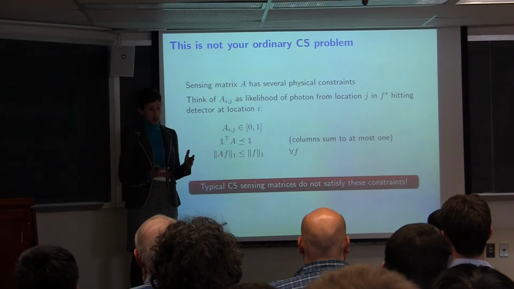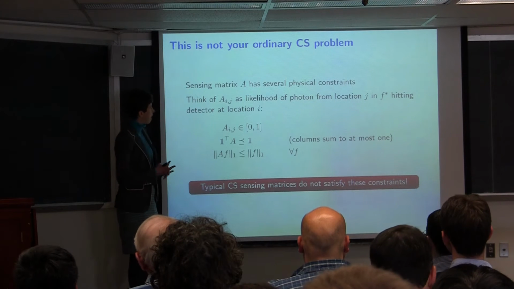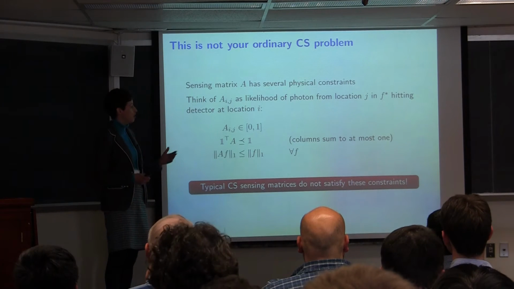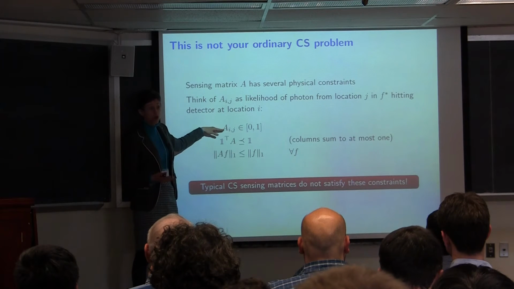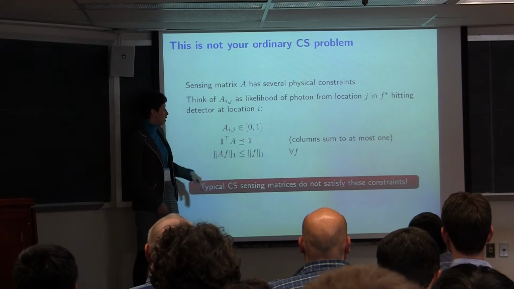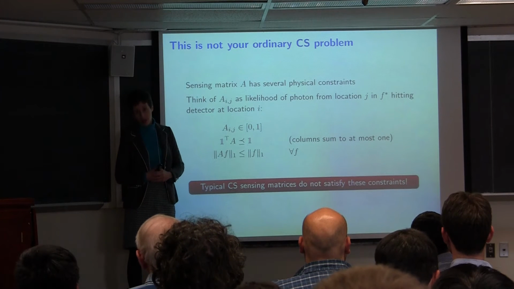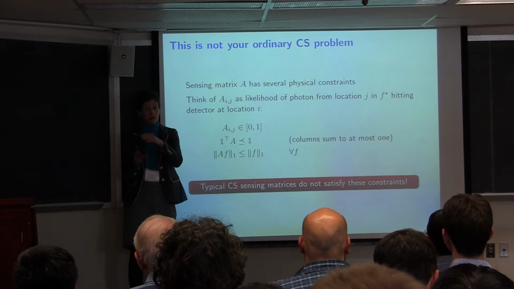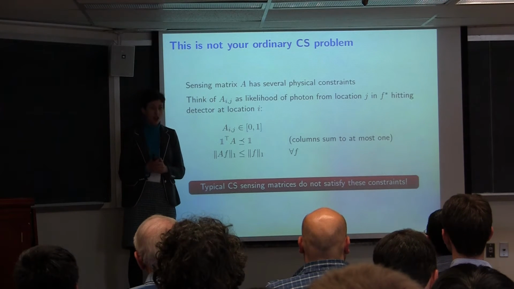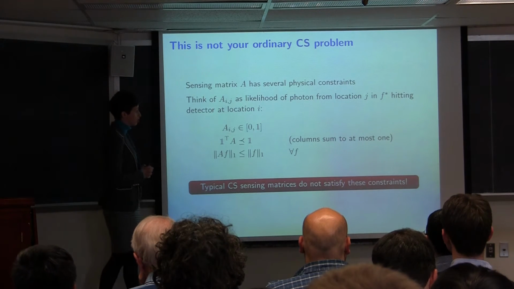Once you think about these as probabilities, the constraints I have listed here are pretty natural. Since they're probabilities, they all have to be between 0 and 1. They can't be negative. And the probabilities have to sum up to 1, so we can't have more photons hitting our detector than are coming from our scene. Very simple, natural constraints.